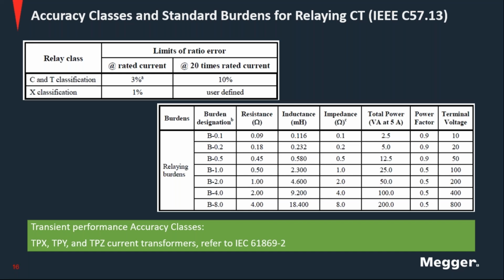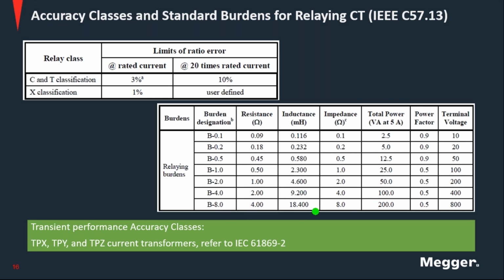All that I've been showing is for current transformers for metering purposes. And now this shows the classification for protection purposes, for relaying purposes. Here the classification starts with a T or with a C, and it will have a number next to it, like 400, 800, 200, and that is basically relating to the burden that it can handle.